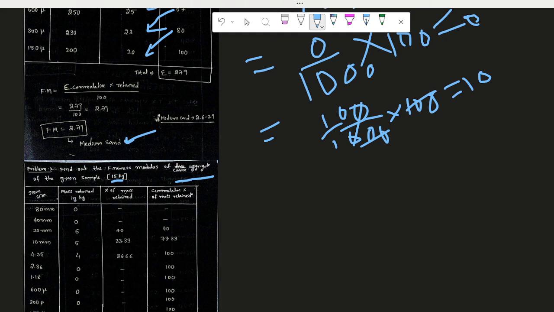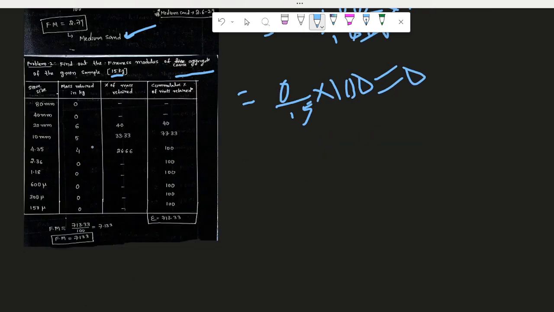The mass retained is given in the question, and the percentage of mass retained is calculated with the same formula: weight retained by total mass, into 100. 0 by 15 is 0, similarly 0.